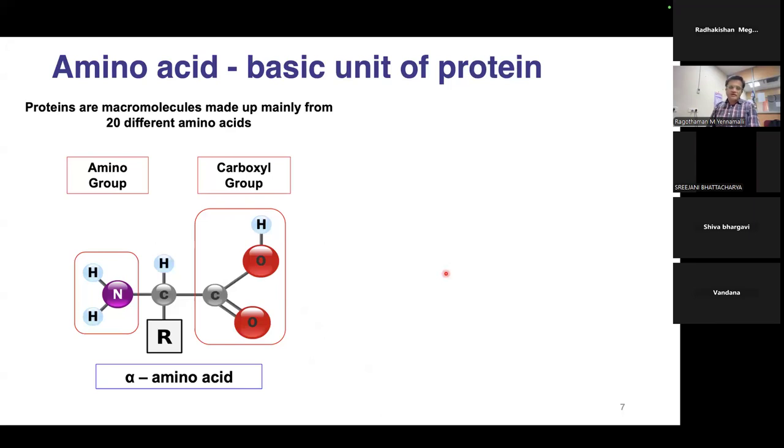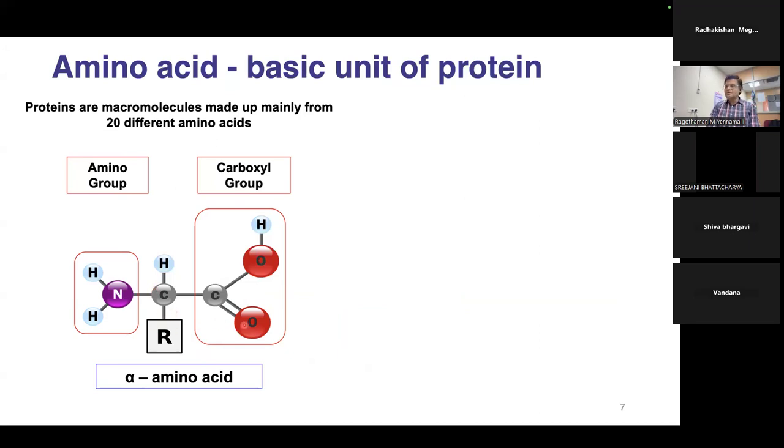There are 20 different amino acids that are frequently seen, and these are the L amino acids, the levorotatory, based on the chirality of the molecule, because you can see a chirality that can be established when you are looking down the carbon from the hydrogen. So this is the viewpoint, and you have the amine group and the carboxylic group present on either side of the amino acid. The name itself suggests that there is an amine group and an acid group that gives the name amino acid.